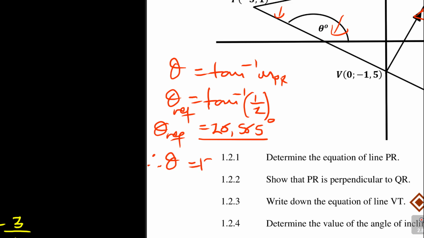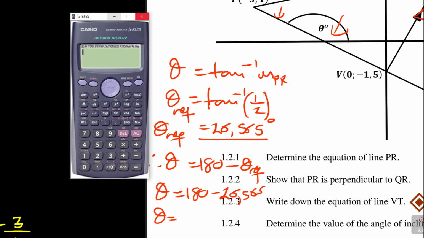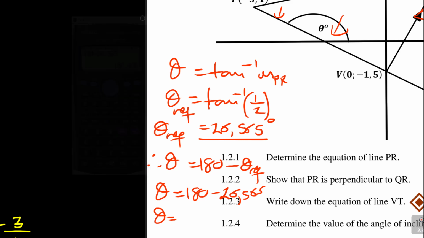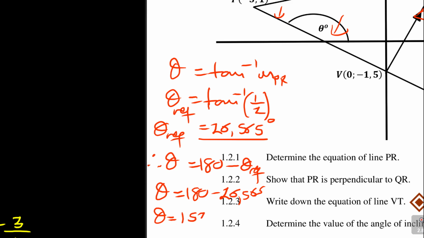Theta is 180 minus theta reference, which is 180 minus 26.565. You can see that is bigger than 90, so the answer is 153.435 degrees. That is the theta.